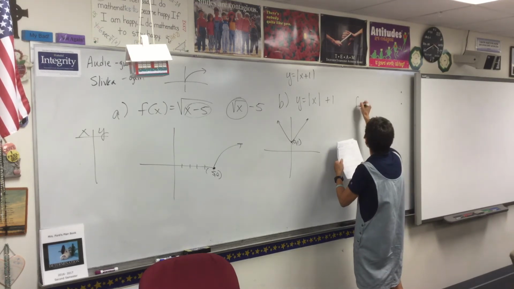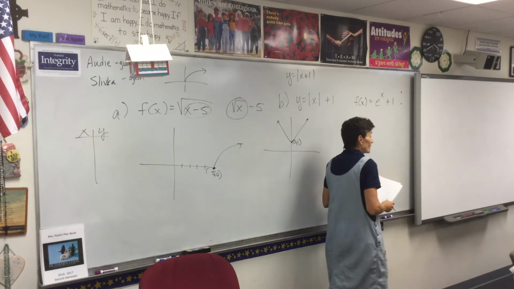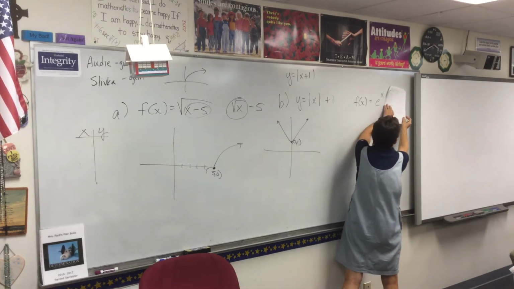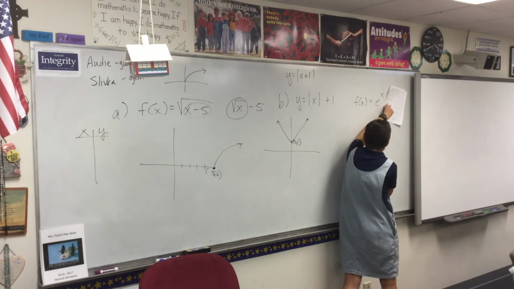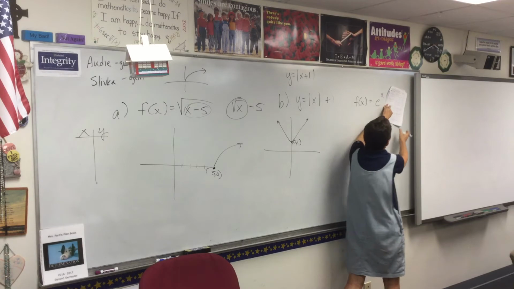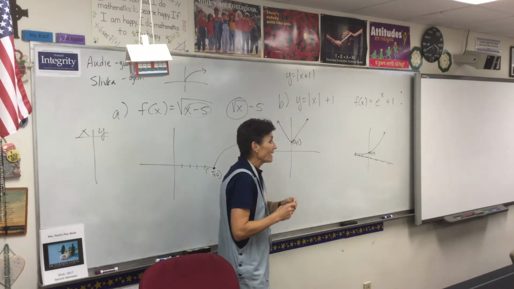Okay, the next one. Now, you know what this looks like, right? That you have memorized, an asymptote here, and it looks like this. That's what that looks like. Now, I have added 1 to it. And look where I added the 1.